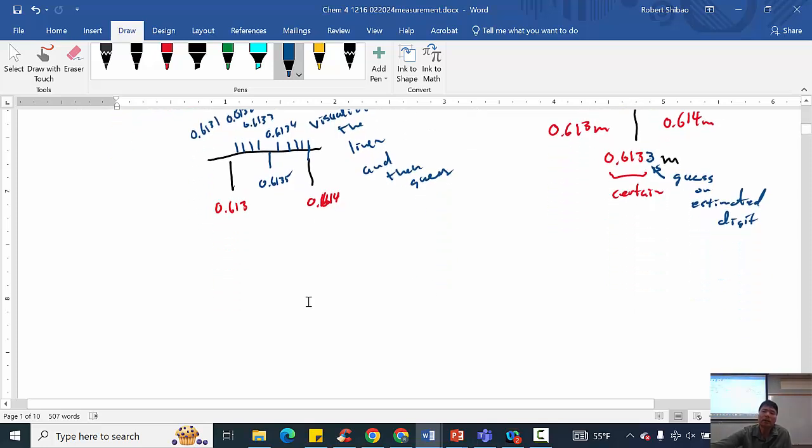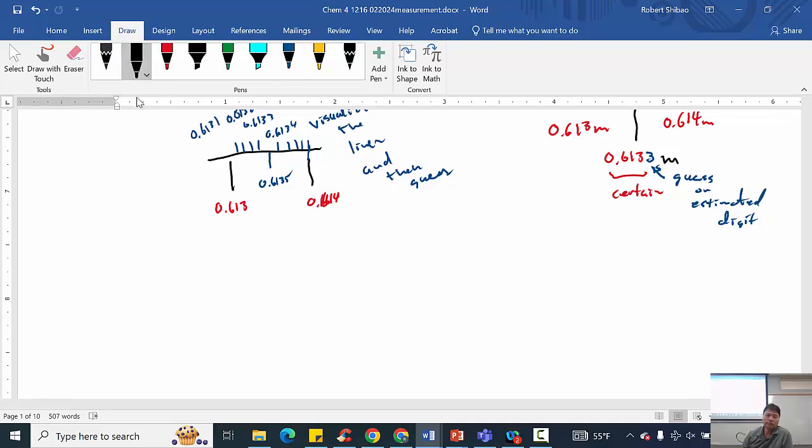What we usually do is something like this. When we have two measurements like this, are those two the same or different? Well, they're the same in that they're both 0.5, but what's different is their precision.